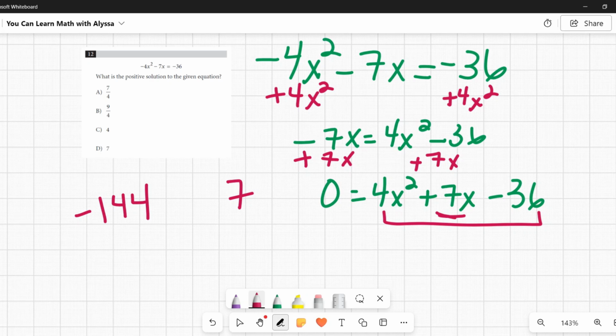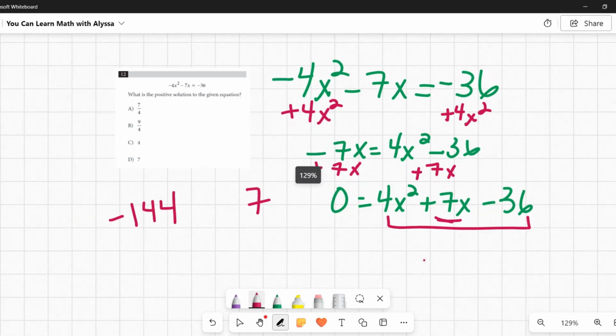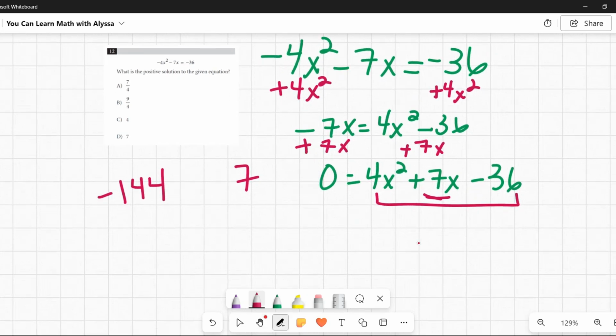So you'd want two numbers that were pretty close together. I'm just going to write the positive versions, but know that for these combinations of numbers, one has to be positive and one has to be negative. So 12 times 12 is in there. Let's see, 9 goes in there. Oh, 9 times 16. There we go, 9 and 16.